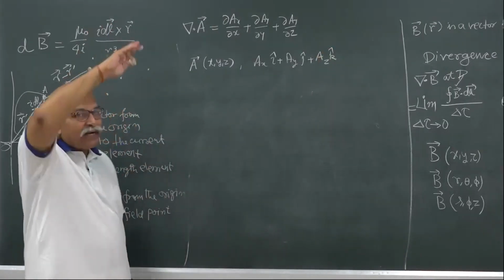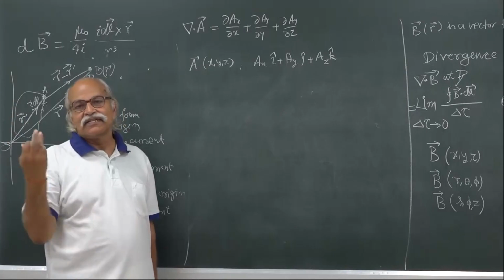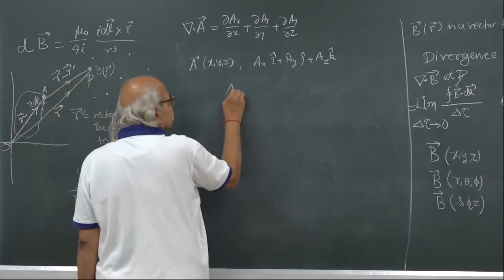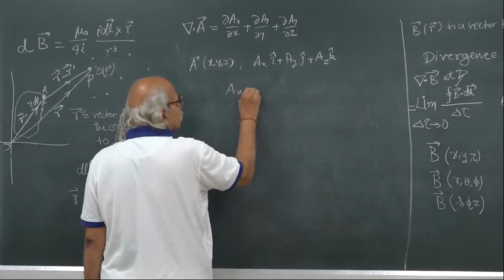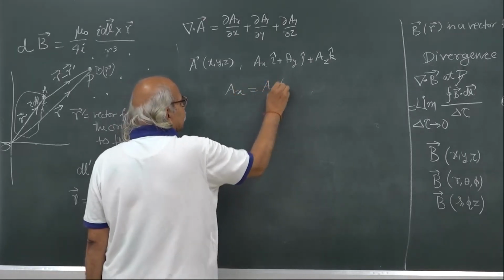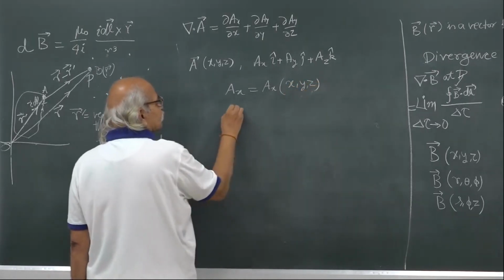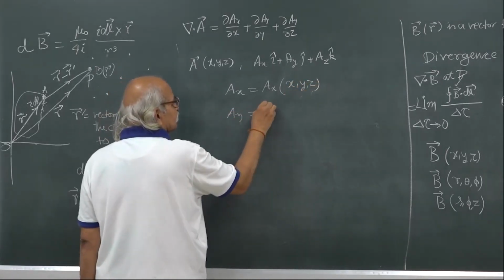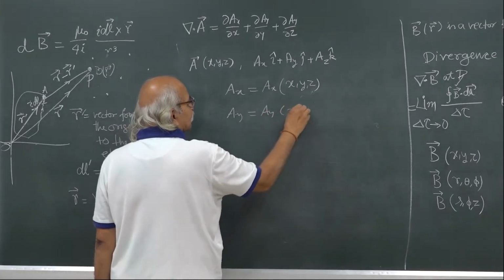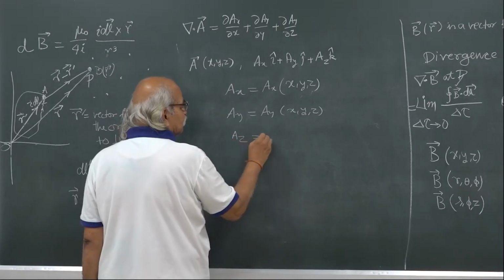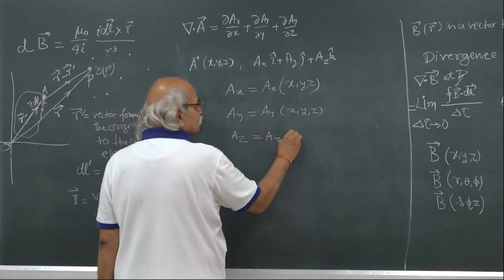But at different points of the space, all these components will have different values, and therefore Ax depends on which space point you are talking about. Ay is a function of which space point, and Az is a function of which space point.